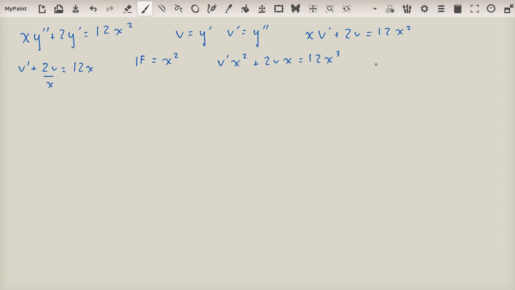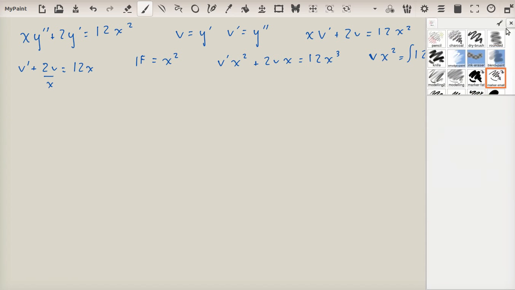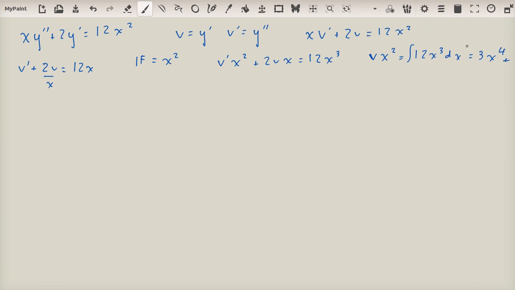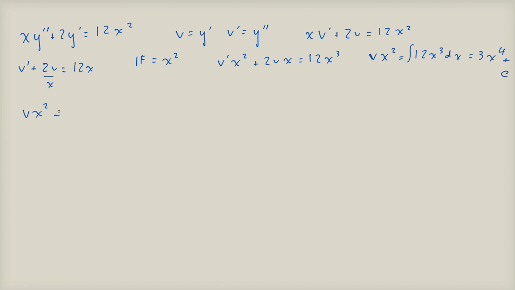So I'm just going to make a real quick leap here and show you that v x squared, so I've taken the integral of that left-hand side, is equal to the integral of 12x cubed dx, which is equal to 3x to the 4 plus c.